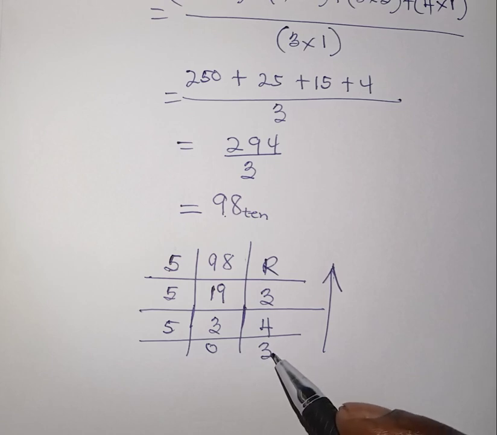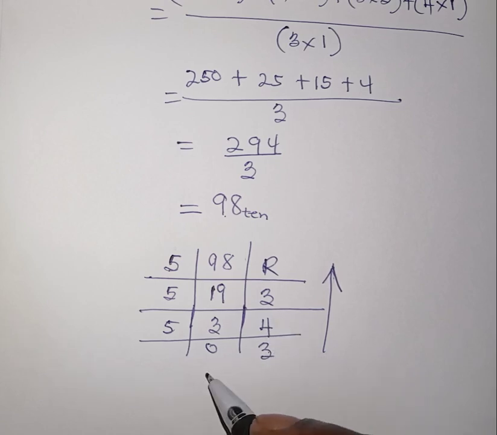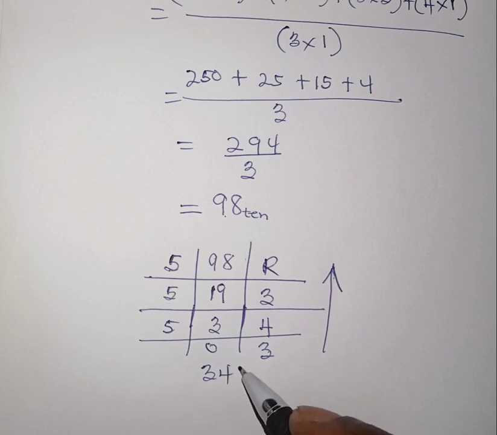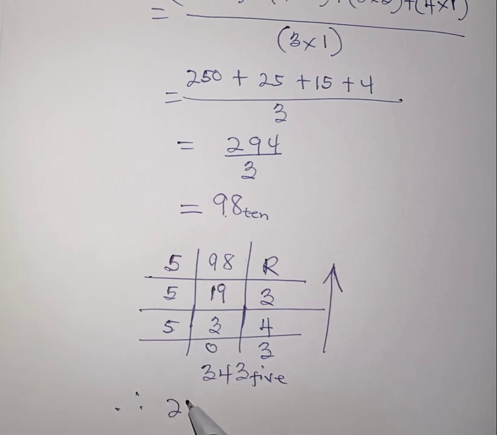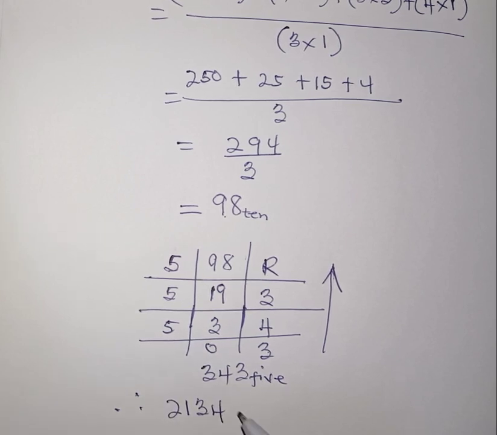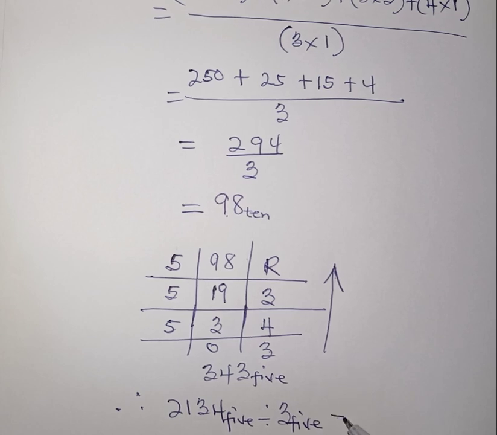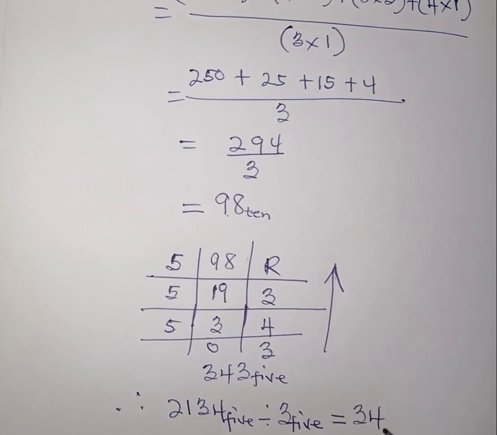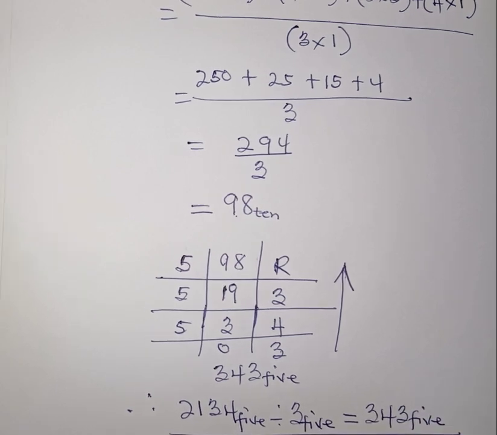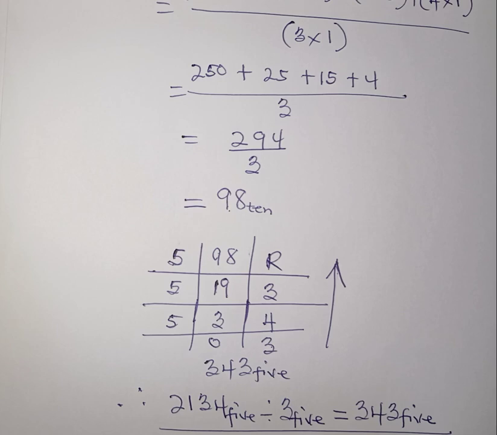So it means that this is going to be 343 base 5. Therefore 2134 base 5 divided by 3 base 5 is equal to 343 base 5. So it is very simple like that. When you are given the division part to do, that is how you go about it.